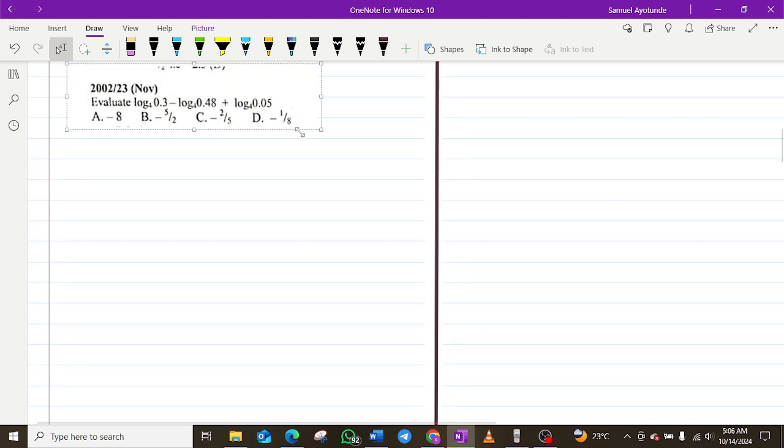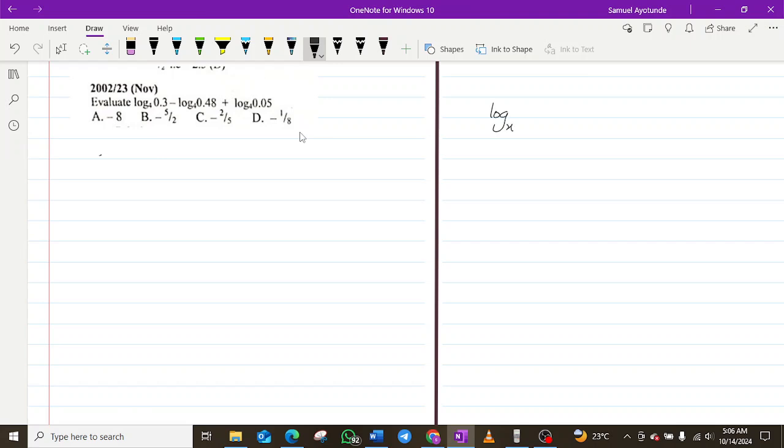So we have log 0.3 base 4 minus log 0.48 base 4 plus log 0.05 base 4. As we can see, I can apply the first and second law to this. Let me write them.